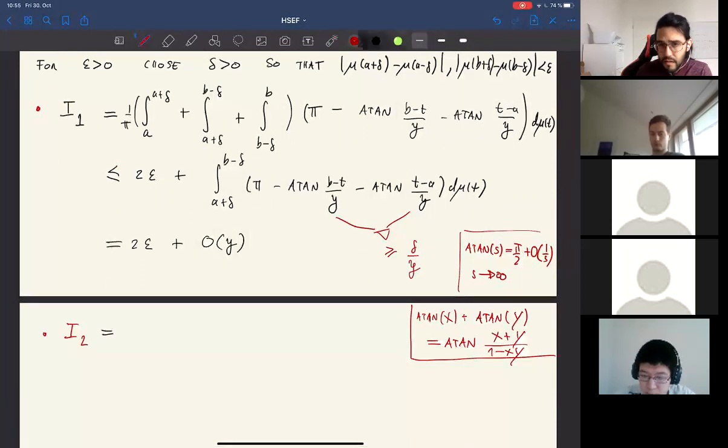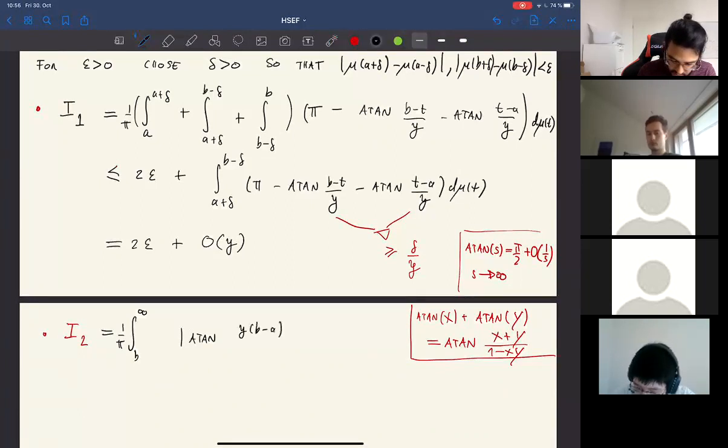So that's the identity, and you can easily show that using trigonometric identities if you wish. If I use that, what I get is the following: an integral from b to infinity, 1 over pi, and then the modulus of arctan of y times b minus a.